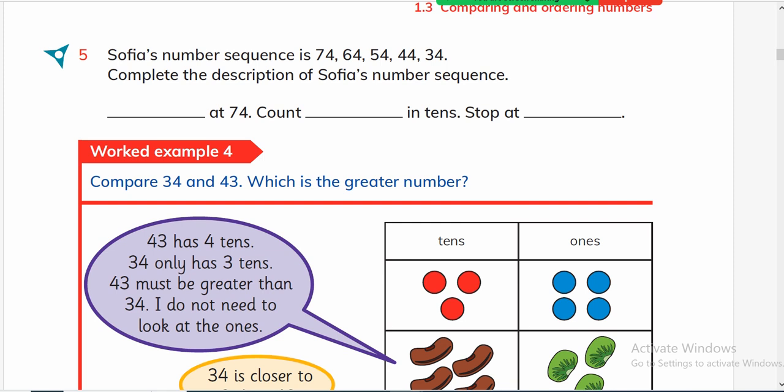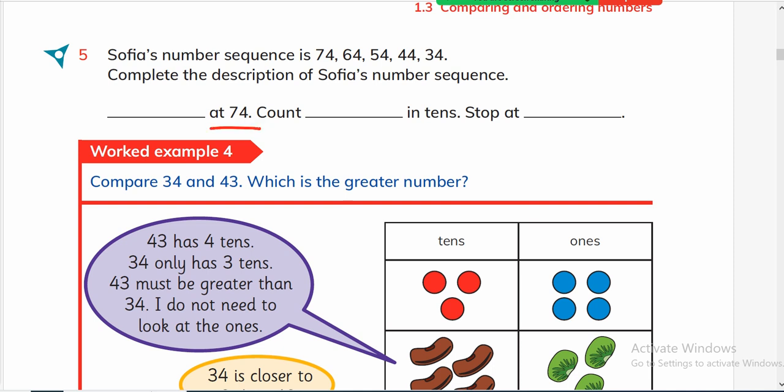Okay, Sophia's number sequence is 74, 64, 54, 44 and 34. Complete the description of Sophia's number sequence.